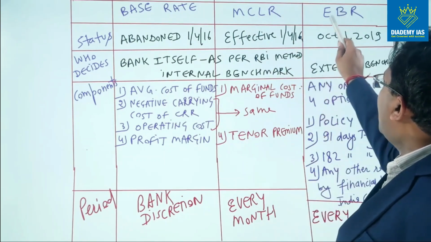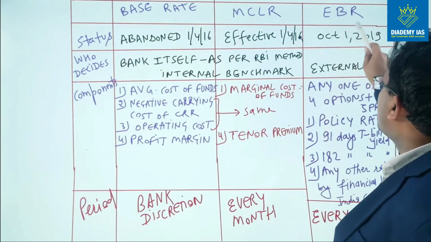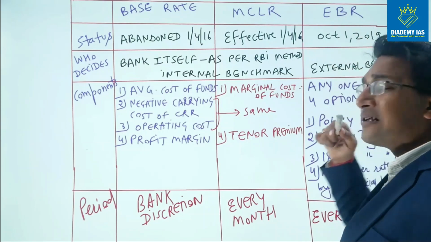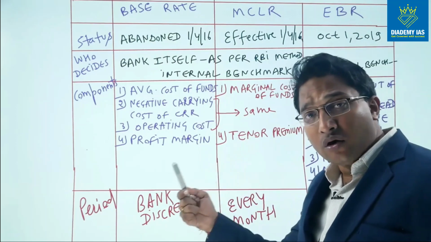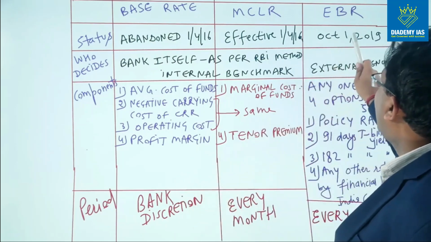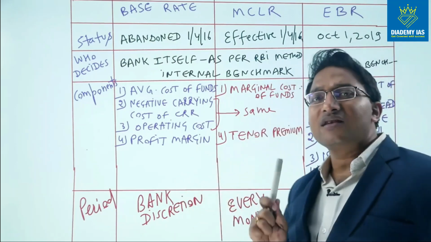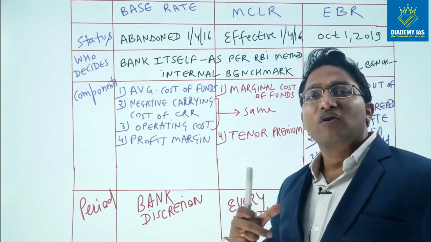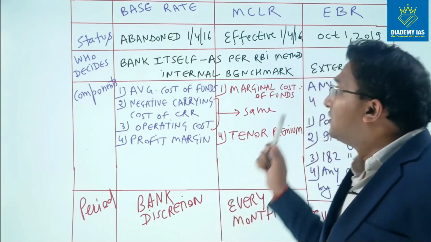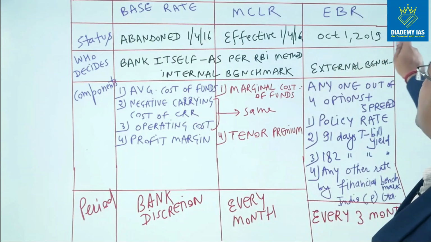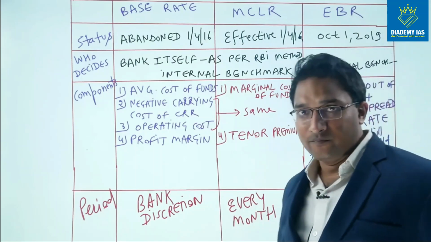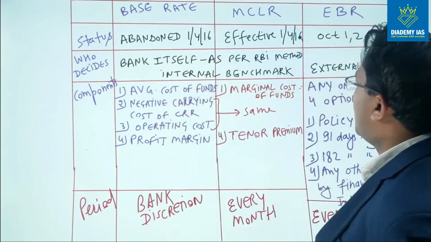And the external benchmark rate is in place for selected categories of loan since October 1, 2019. So this is the date of applicability.